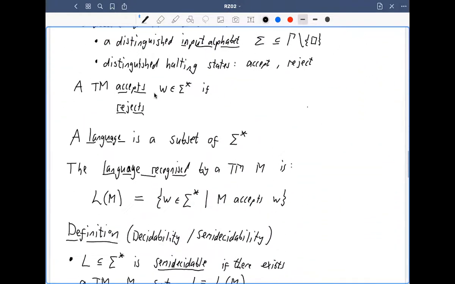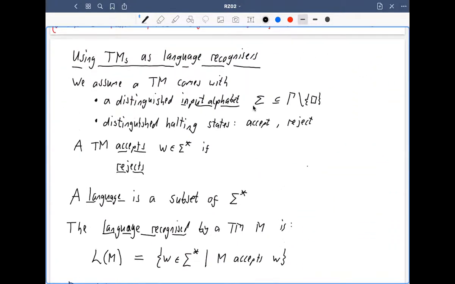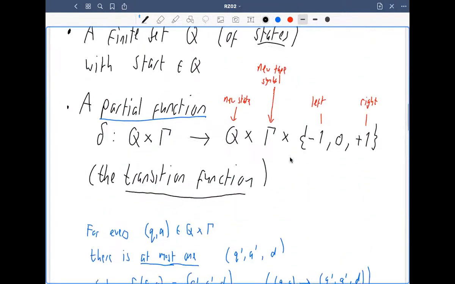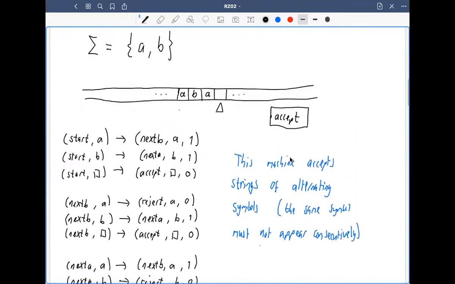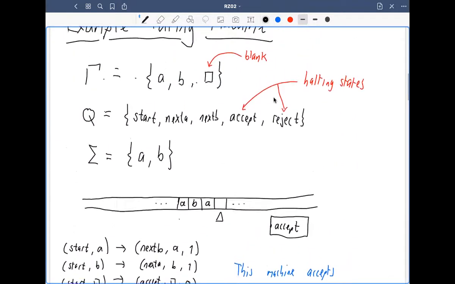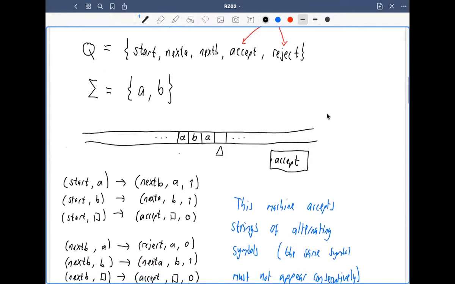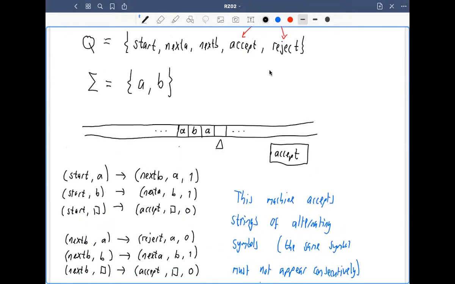So when we're looking to see whether we accept a word, we have a distinguished input alphabet, and we have distinguished states accept and reject. Because the idea is we want to say for an input word, do we accept the word or do we reject the word? So we had that in our example. In our example Turing machine, we had the distinguished states accept and reject, and they were halting states. That meant when we got into those states, the machine stopped.